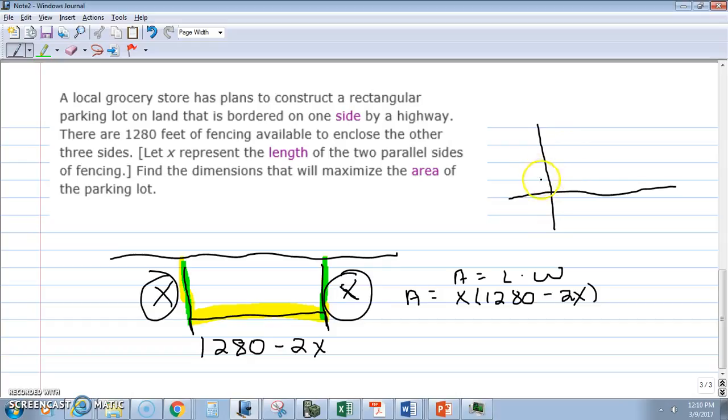Area is always going to be a quadratic equation, all right? This is going to give us a negative quadratic, because this negative here will make it negative x squared. And we're looking for our maximum point here. So the area is on the y, and the length is on the x. So we're looking for that maximum point right there, that vertex.